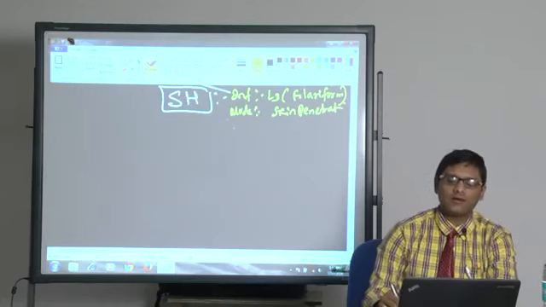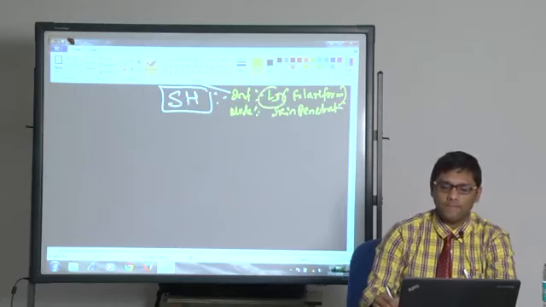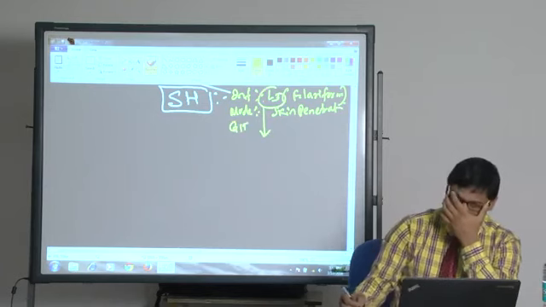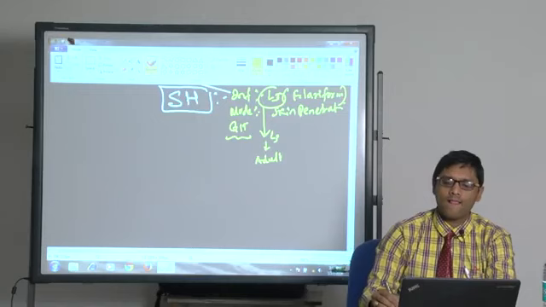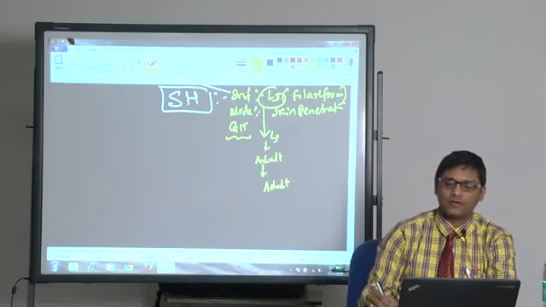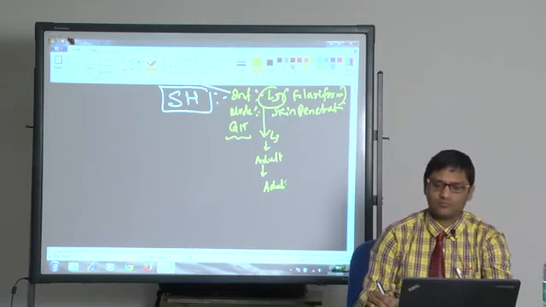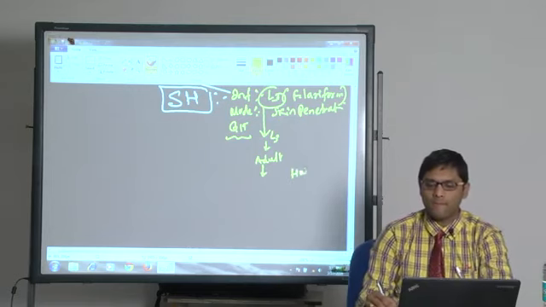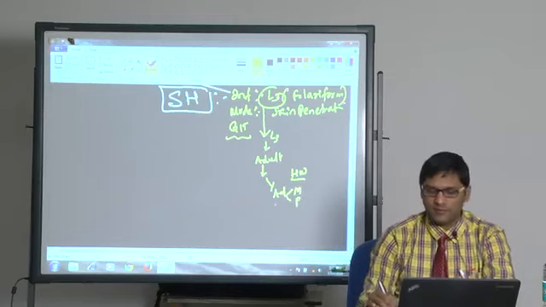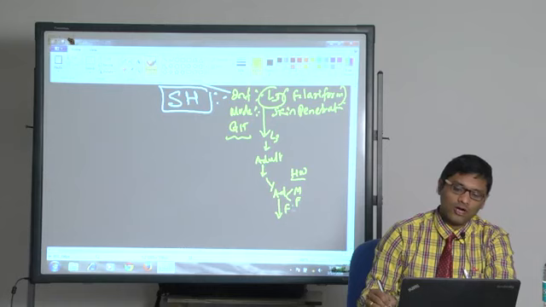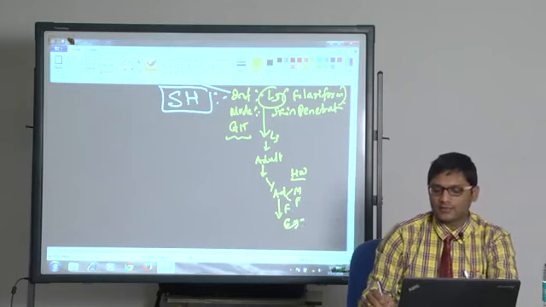When the L3 larva penetrates the skin, it comes to the GIT. Inside the GIT the L3 larva will become an adult. At least for hookworm, the adult will be differentiated into adult male and female. They undergo cross fertilization to produce eggs.